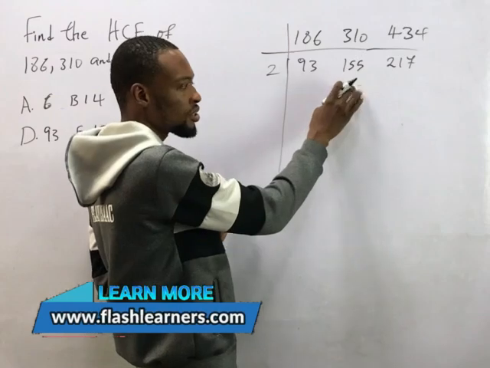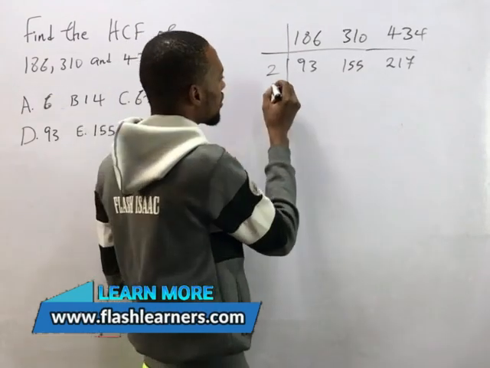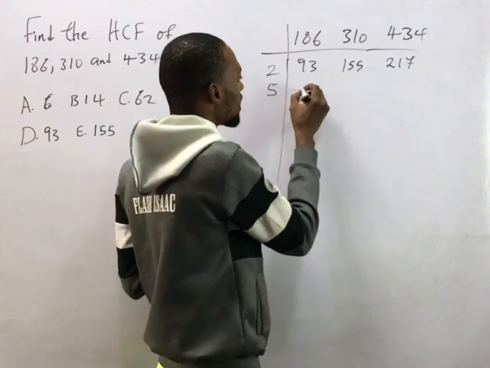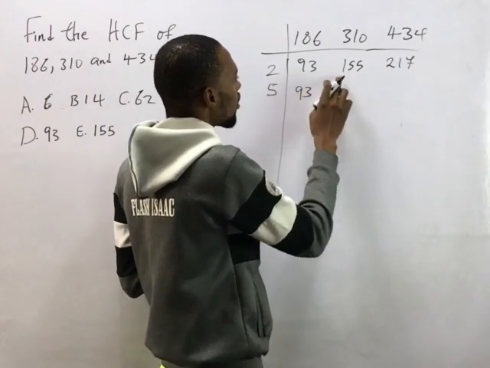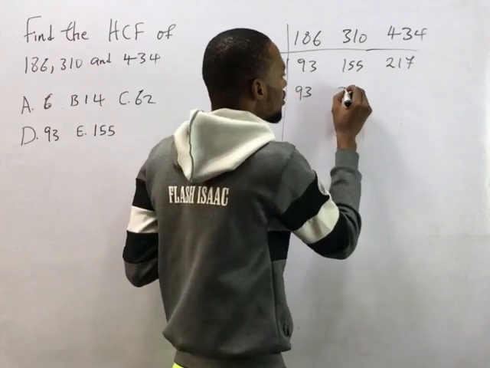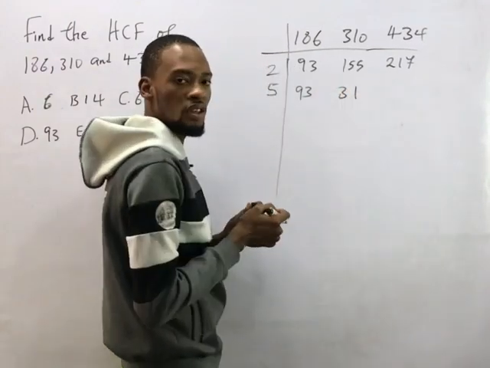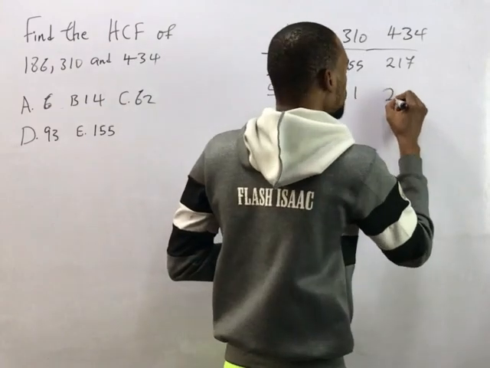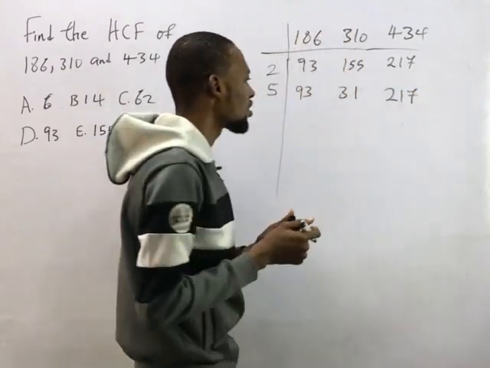So 5 can go into this. So let's try 5. 93 divided by 5, it won't go. 155 divided by 5 should give you 31. 217 divided by 5, it won't work. So we put 217 here.